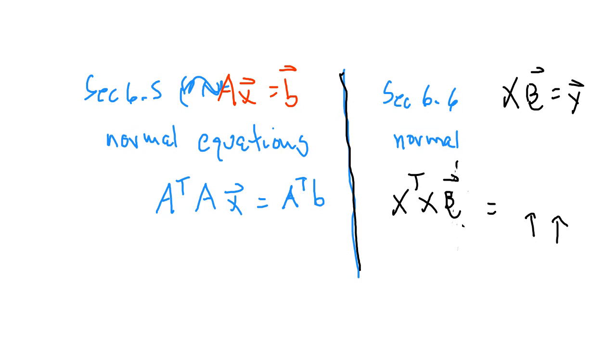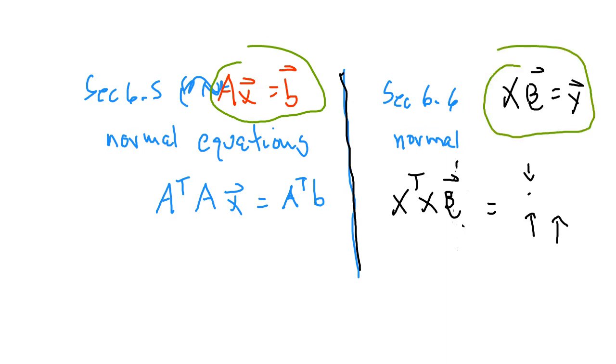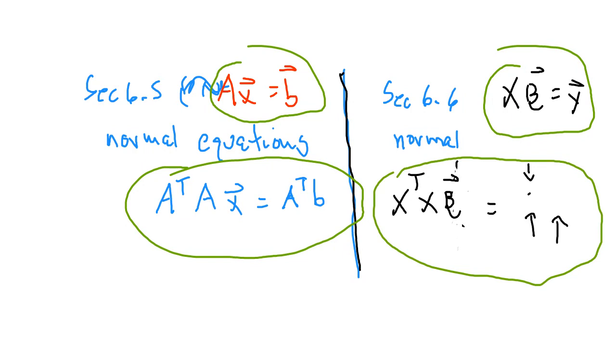That's going to equal what? What goes there? So compare AX equals B with XB equals Y. And then compare the normal equations for AX equals B with what the normal equations have to be for X times B equals Y. What has to go here in this spot?